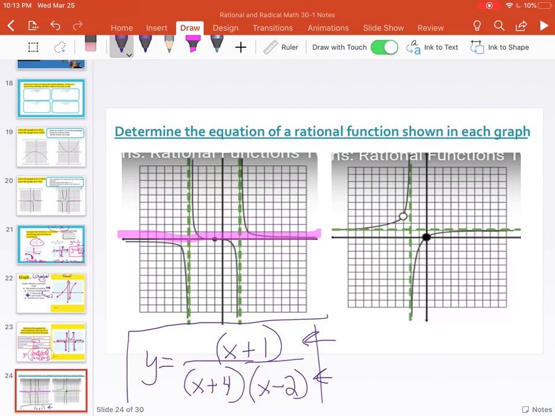All right, so our next graph here, the first thing I notice is that hole in the graph. So a hole in a graph means that the x value of that hole should be a factor on both the numerator and denominator. So the x value is -3. So that means I should have x plus 3 on both the numerator and the denominator.